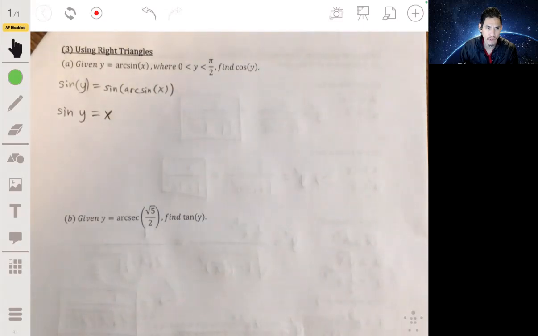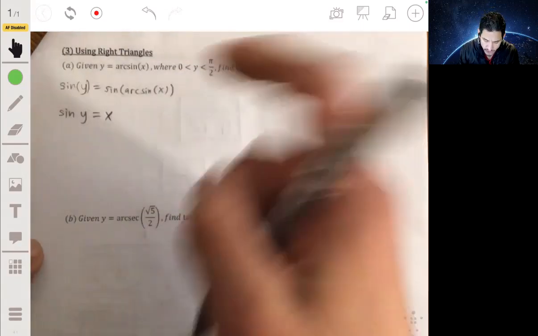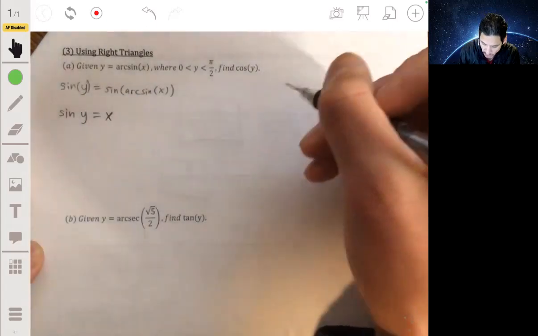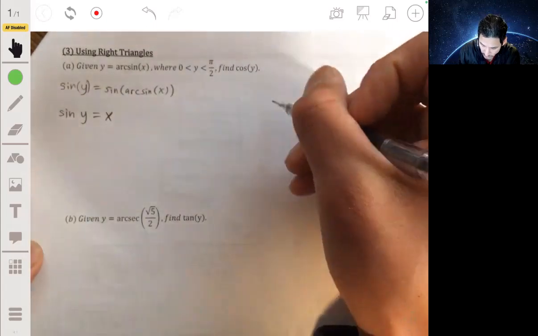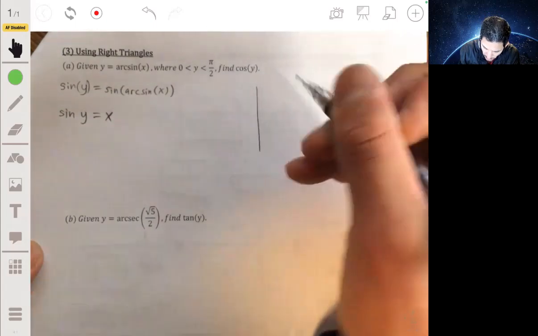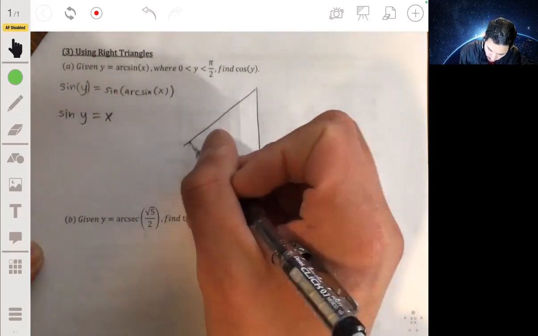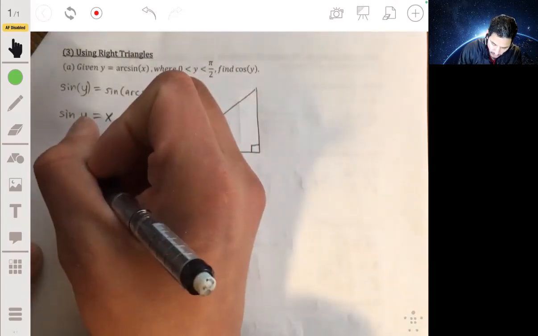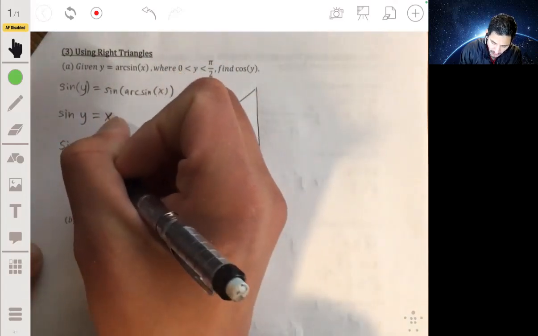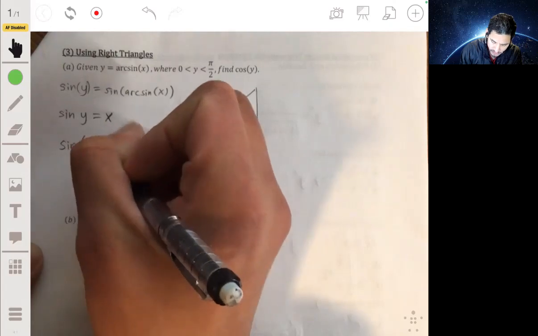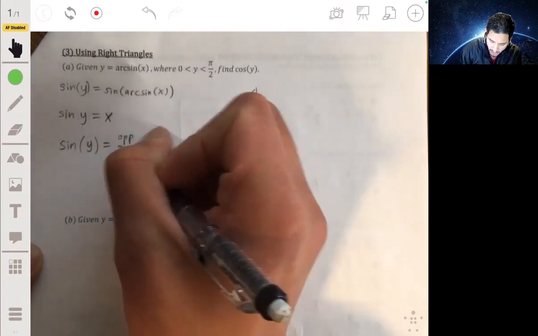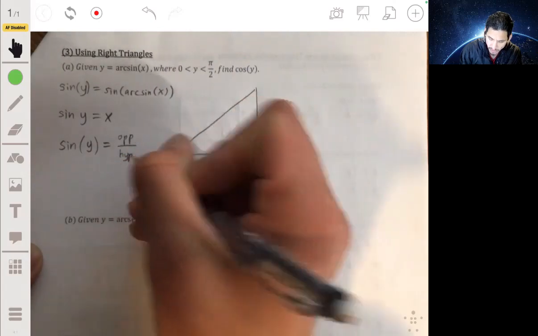Now, let's draw a right triangle that allows us to show this. If you remember back when you first learned trig, you learned that the sine of some angle, in this case y, is equal to the opposite leg over the hypotenuse.